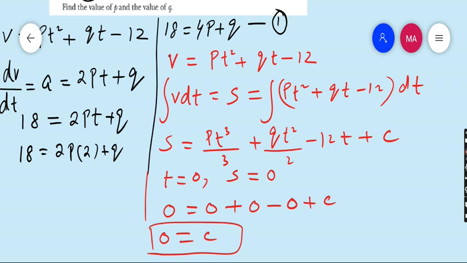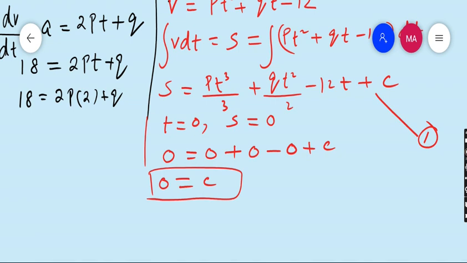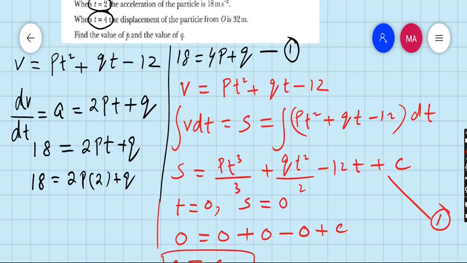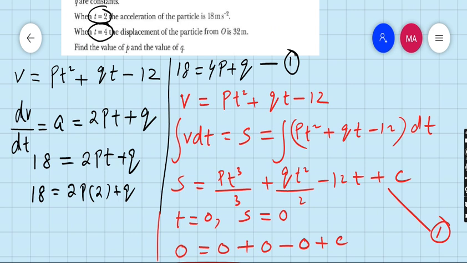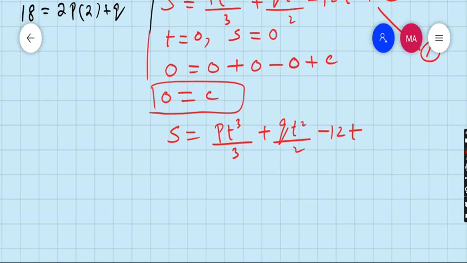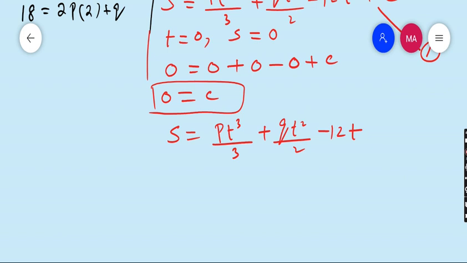So our displacement equation becomes s equals pt cubed upon 3 plus qt squared upon 2 minus 12t, no need to write 0. But this displacement occurred when the value of t is 4, as you can see in the third line of the question. So put t equal to 4.